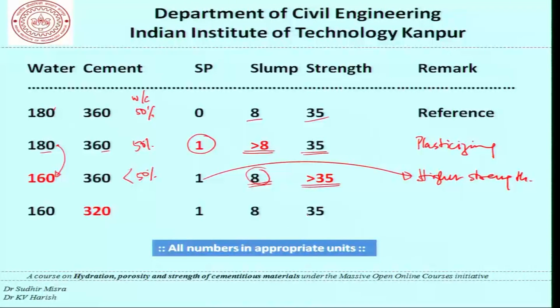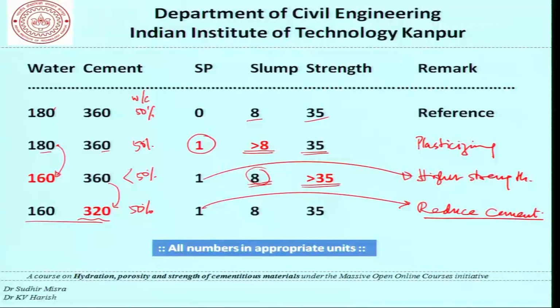Finally, here is an example that if we are happy with the strength level that we have, we can actually reduce the cement content to 320 because we are happy with the water cement ratio of 50%, and in that case what this superplasticizer has done is to help us reduce the cement content.